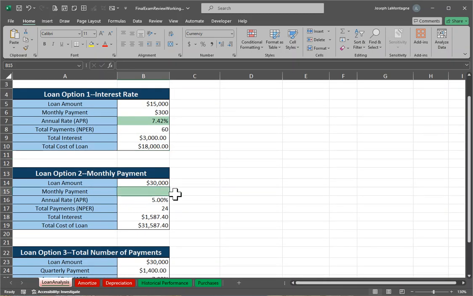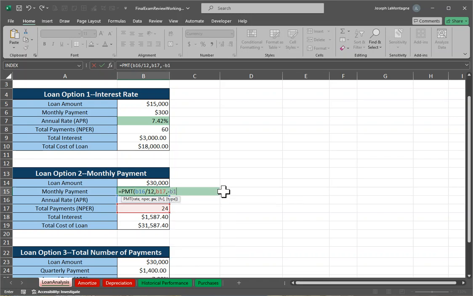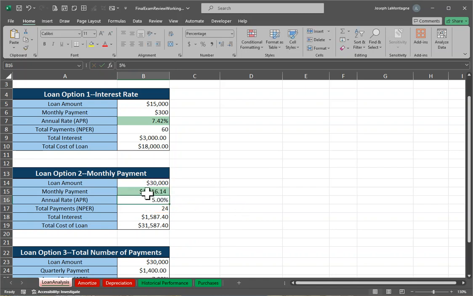Here we want to find out what the monthly payment is going to be. So here we'll use equals PMT. The rate will be B16 divided by 12. The number of payments will be B17. And then the present value will be negative B14. This will give us a monthly payment of $1,316.14.